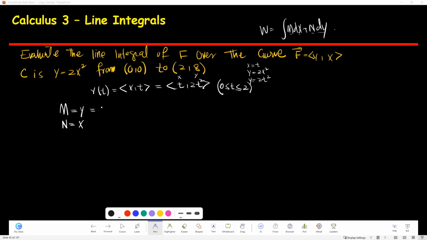I'm going to be calling this y equals 2t squared, x equals t. So I can see this is my x equals t, y equals 2t squared. So if I take the derivative of dx, this one is equal to dt, and if I take the derivative of dy over dt, all I did, I just took the derivative and took the dt from here and brought it to the other side. Same thing here, I take the dt here and then move it to the other side.